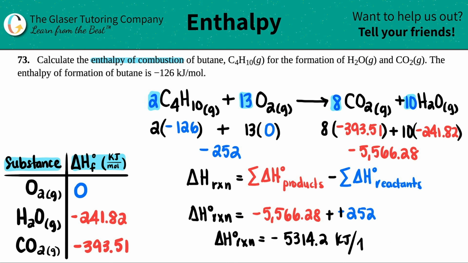But if we're talking about the combustion of butane, in our formula, it was per 2 moles of butane, which is C4H10. And now we can simplify this, right? This is technically 5,314.28 kilojoules divided by the 2 moles of the butane that was in the equation.